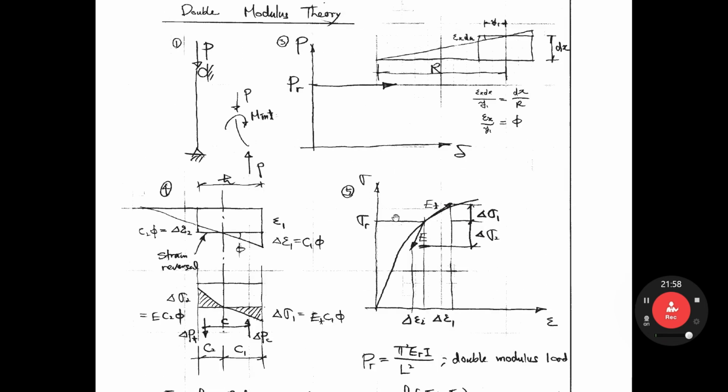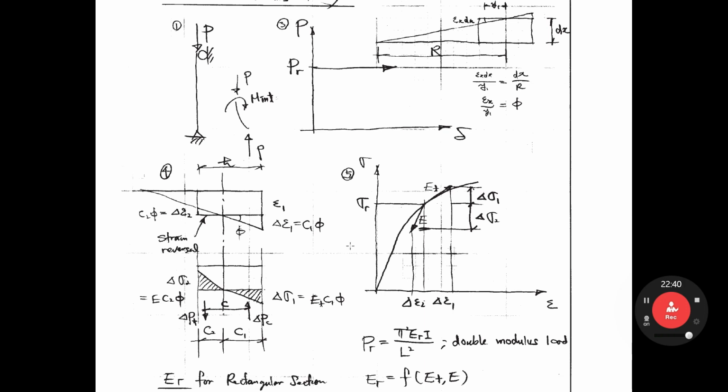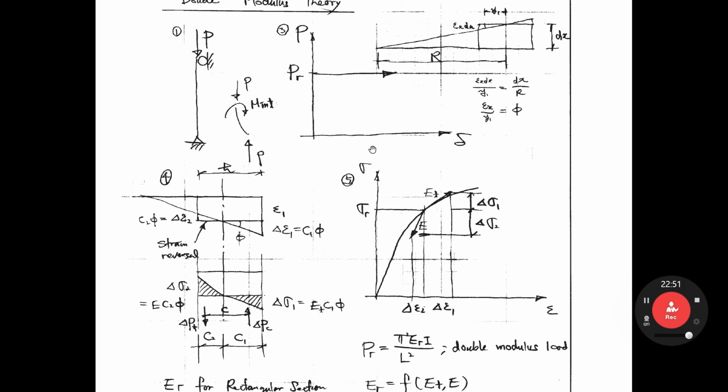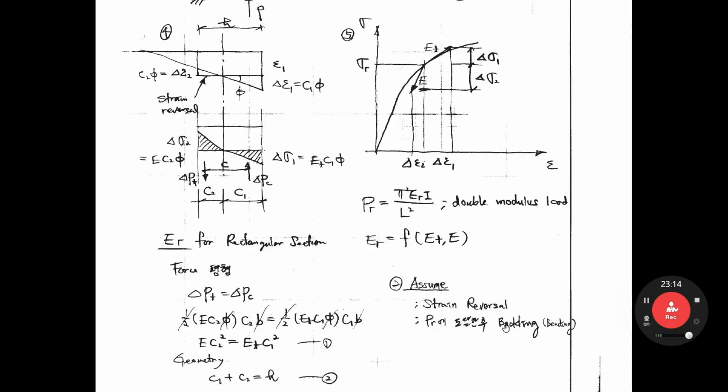That means the loading gets to this PR, the buckling load, the inelastic buckling load, and then this bending occurs. That is the assumption. The load increases up to PR, and then it buckles. If you look at this curve, P increases up to PR, that means the sigma increases up to sigma R, this point. And then it buckles. Buckling means bending moment is applied, like that. Bending or buckling occurs after P reaches PR.